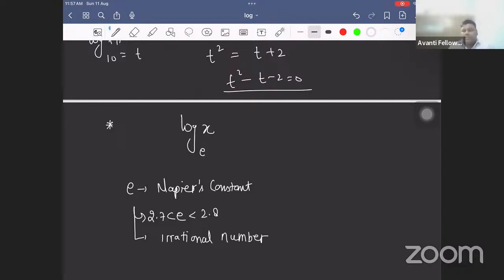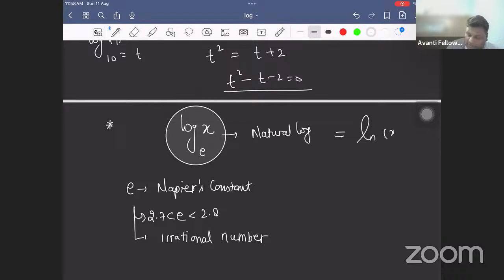So this log x base e is what we call natural log, and it is also written as ln of x. So wherever you see ln x, we directly call it log to the base e.